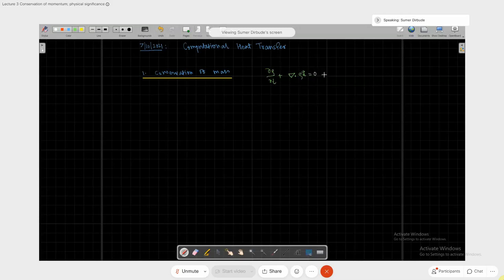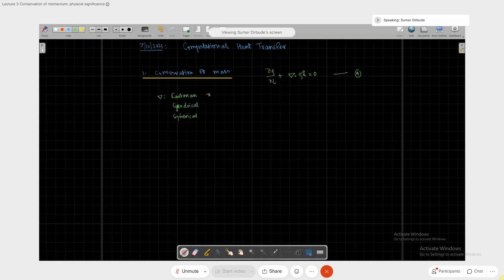And since this equation is in vector form, the del can be represented in a Cartesian coordinate system, in a cylindrical coordinate system, and in a spherical coordinate system.